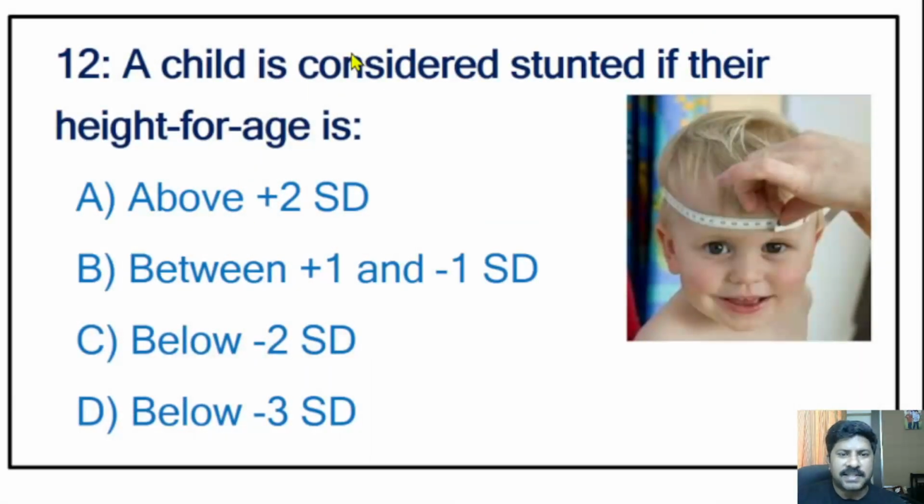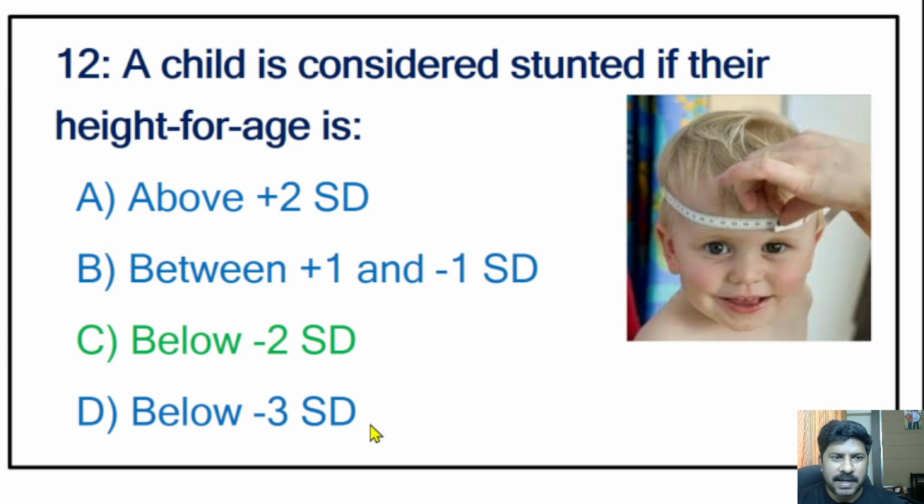A child is considered stunted if their height for age is above +2 standard deviation, between +1 and -1 standard deviation, below -2 standard deviation, or below -3 standard deviation. SD means standard deviation. The correct answer is below -2 standard deviation is considered as stunted.